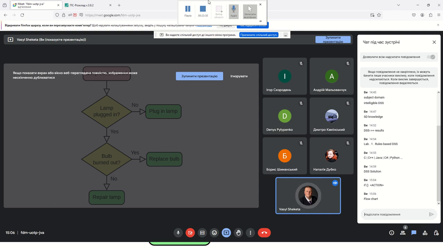Namely, this example shows decisions about changing the lamp, namely the lamp bulb. We here do consider both ways.